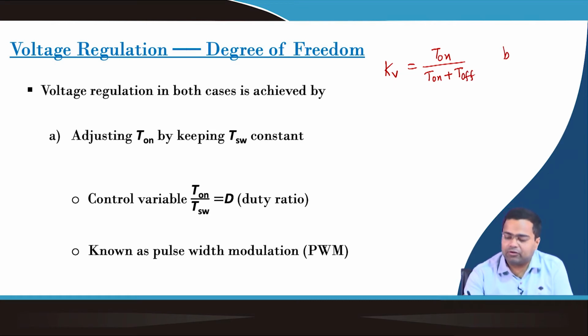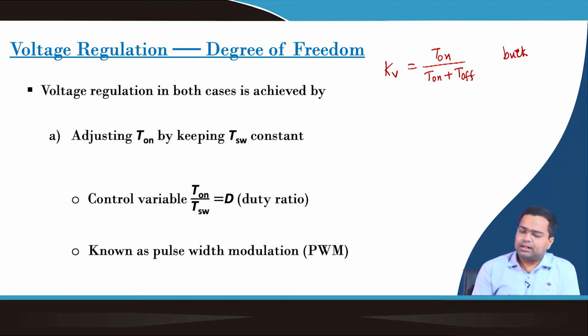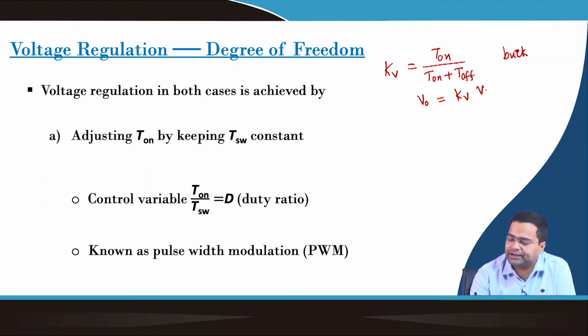This is for a buck converter. Here, that means V0 is simply kV times Vin. And what we want, if there is any change in Vin, is to accordingly adjust this voltage gain such that the output voltage is regulated.